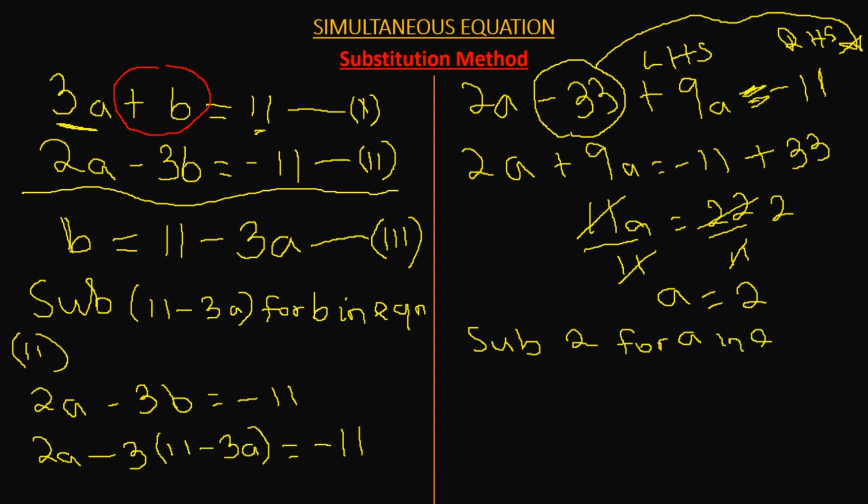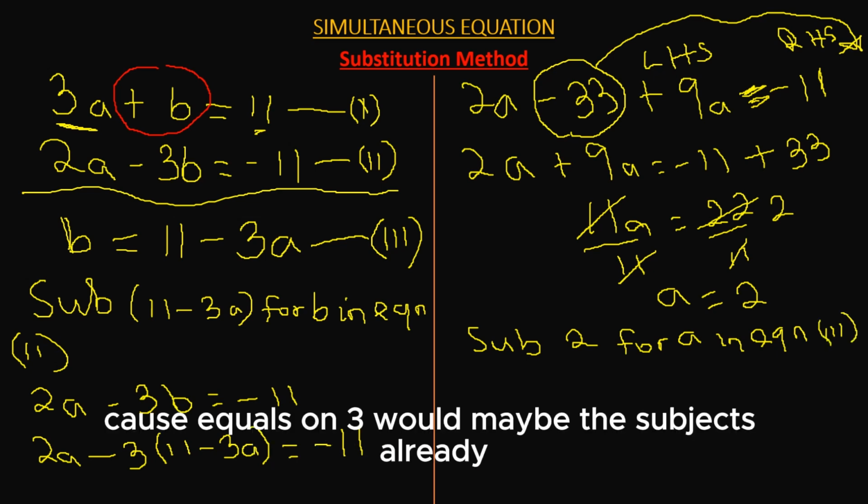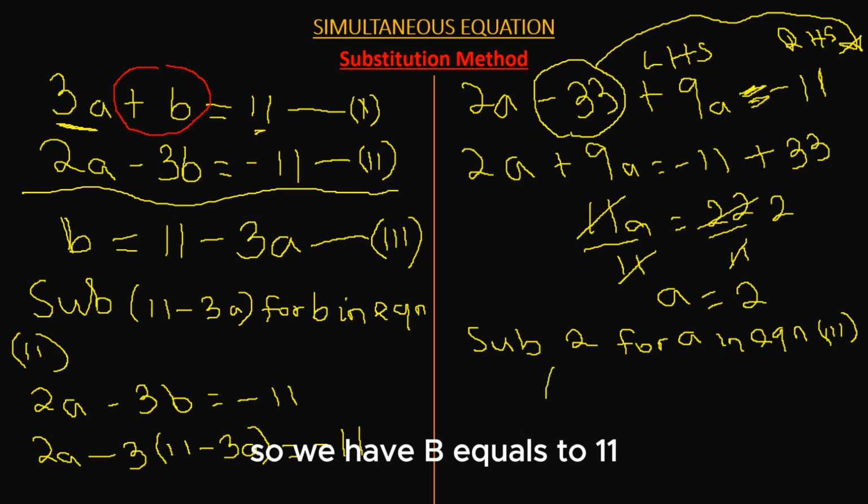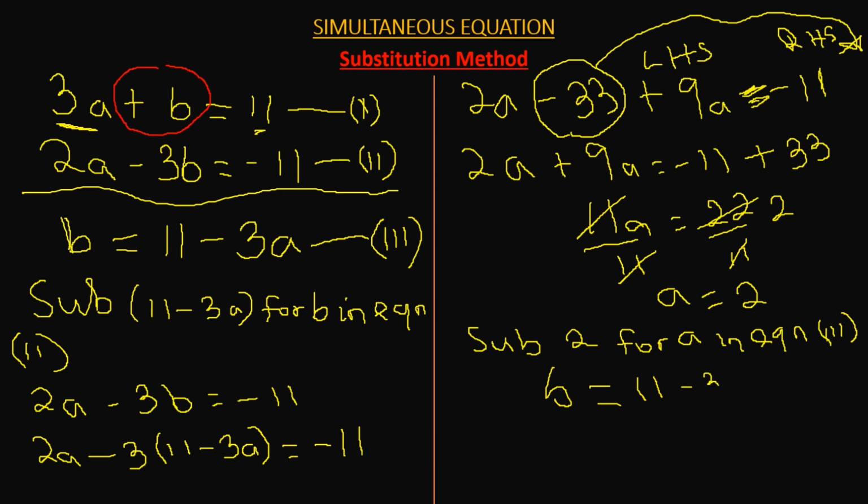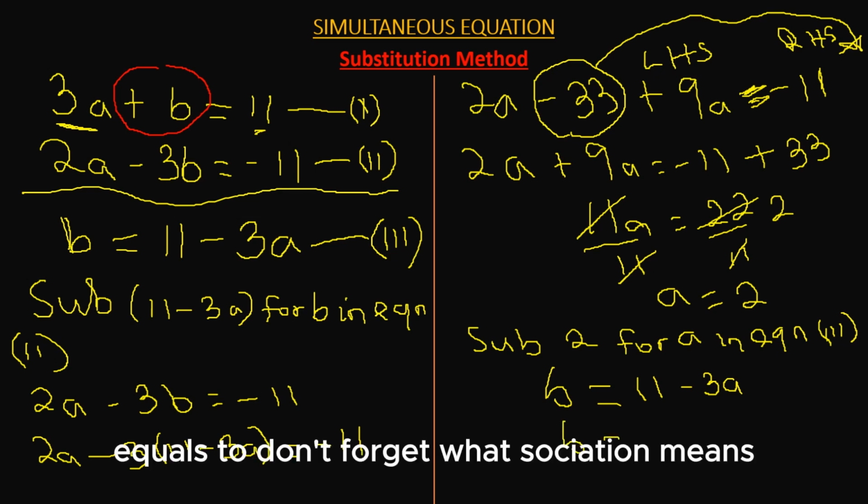equation 3. I prefer using equation 3 because in equation 3 we've made b the subject already. So we have b equal to 11 minus 3a. So that means we have b equals to, don't forget what substitution means.